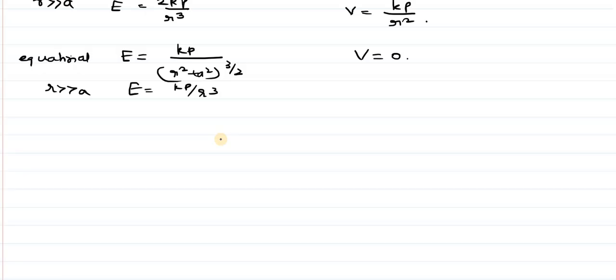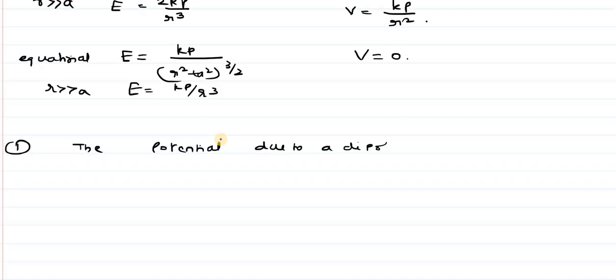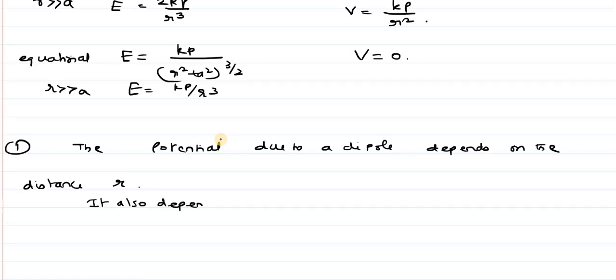Okay, so the electric potential due to a dipole. All these are small points that you need to remember. Potential due to a dipole depends on the distance, that is the position vector, that we know. But it also depends on the angle between the position vector of the observation point and the dipole moment vector.